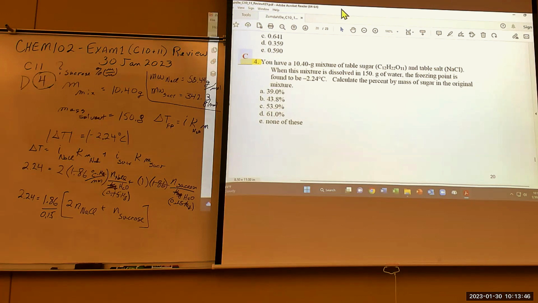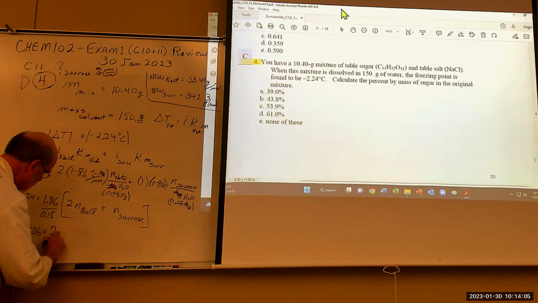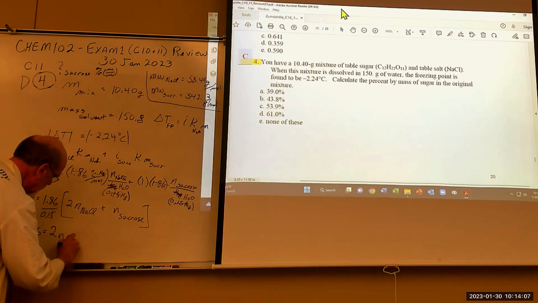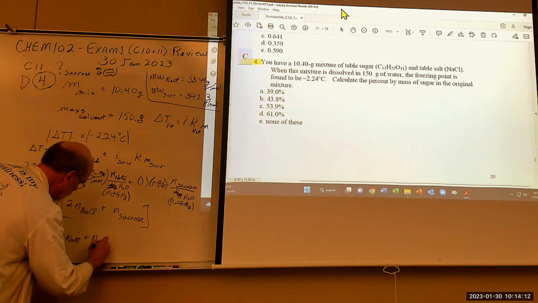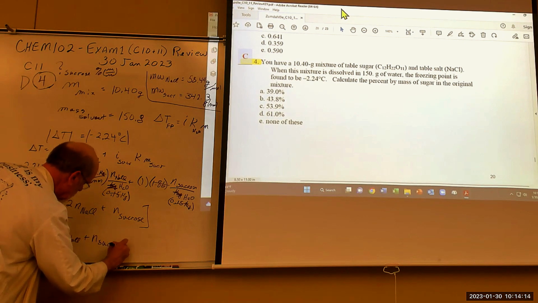There we go, 0.1806. 0.1806 equals these two: 2 times moles of sodium chloride plus 1 times moles of sucrose.